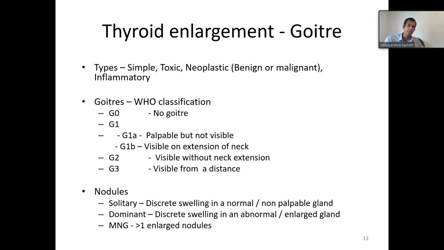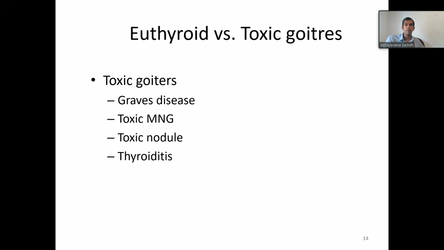And I'm sure you have seen these classifications. There are different classifications. For goiter, there's the WHO classification, and for nodules there's also a classification. When you take goiters, they could be either euthyroid or toxic goiters, and even in hyperthyroidism, sometimes you get a goiter.